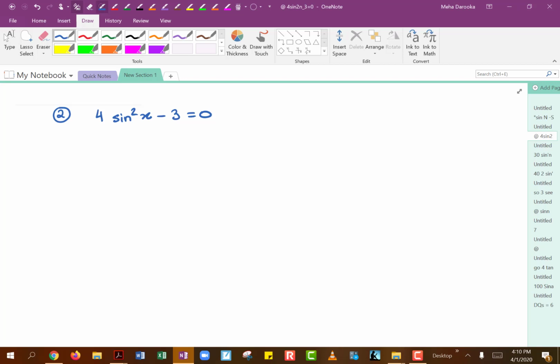So we'll start by adding 3 to both sides. So this guy will cancel out. That leaves us with 4 times sine squared of x equals 3. Divide everything by 4. Then you end up getting sine squared of x equals 3 over 4.